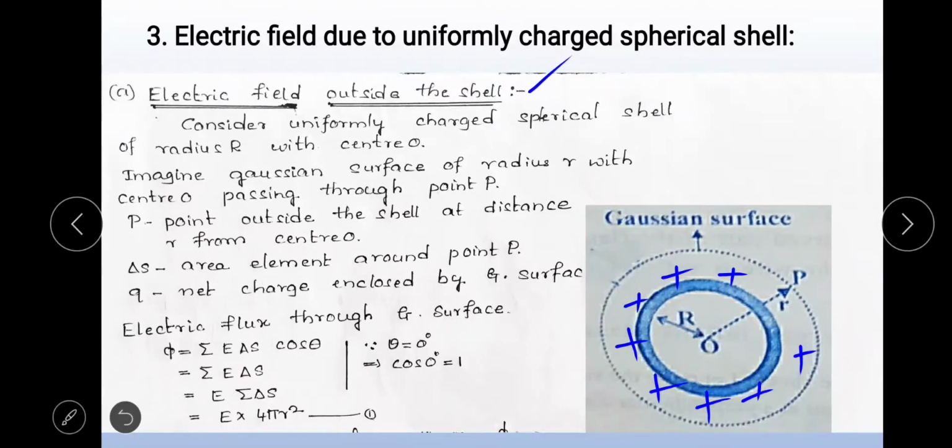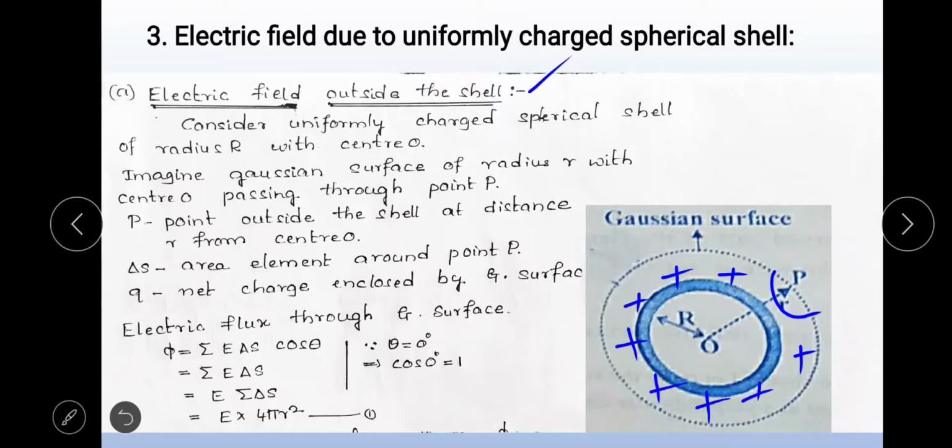Here P is a point outside the shell at a distance r from center O. Delta S is the area element around point P. If you draw a small area element here, it is delta S. Q is the net charge enclosed by the Gaussian surface. Now electric flux through the Gaussian surface, phi equal to summation of E delta S cos theta.